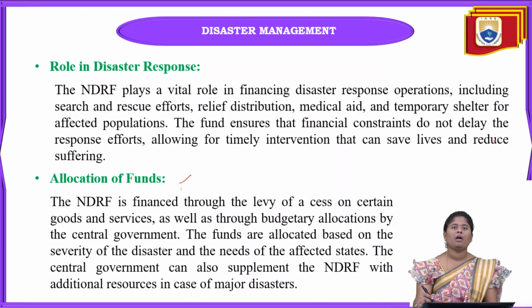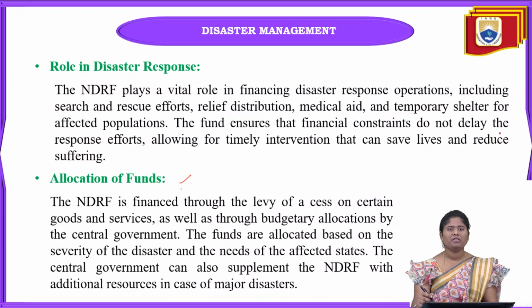The next one is allocation of funds. The NDRF's finance is provided by the government, partly on certain goods and services as well, through budget allocations by the central government.